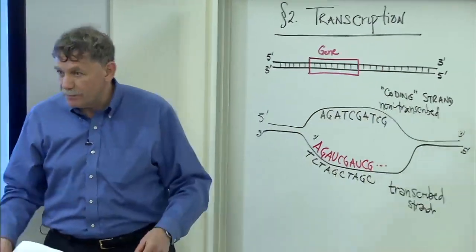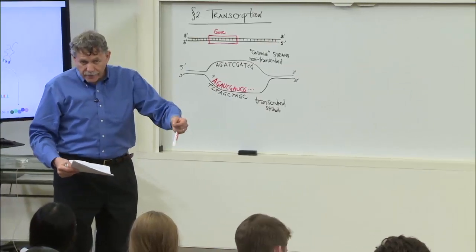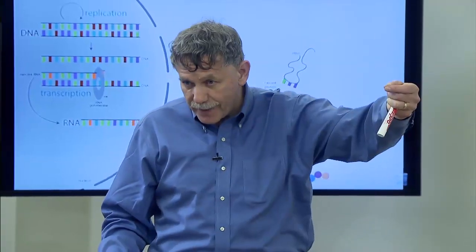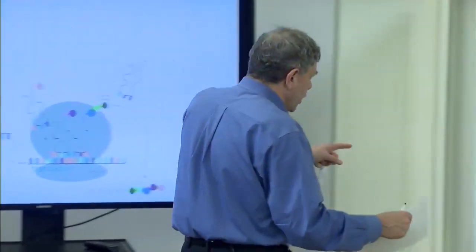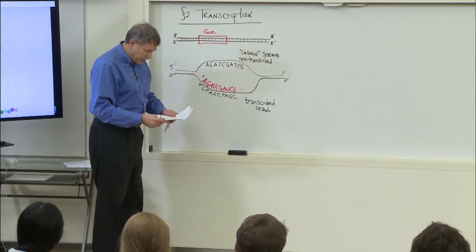A little confusing, but pretty straightforward. The transcribed strand is complementary to the RNA. The non-transcribed strand matches the RNA. It's the code. So if you're reading a gene and you want to say, what's the RNA going to look like? You just look over to the other strand, and that's what the RNA is going to look like.